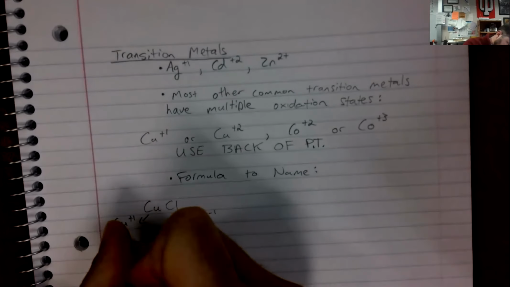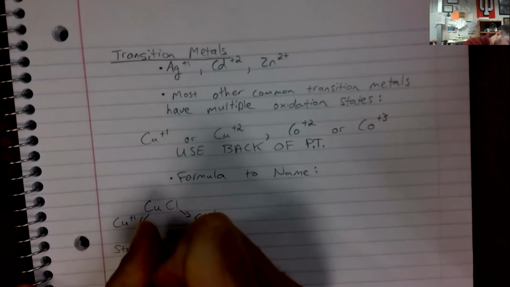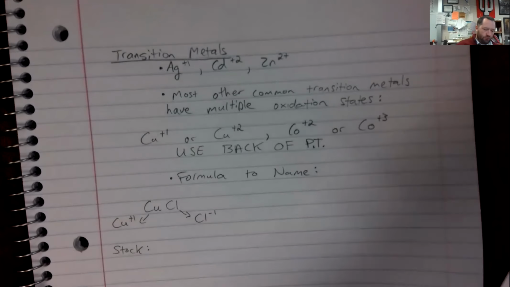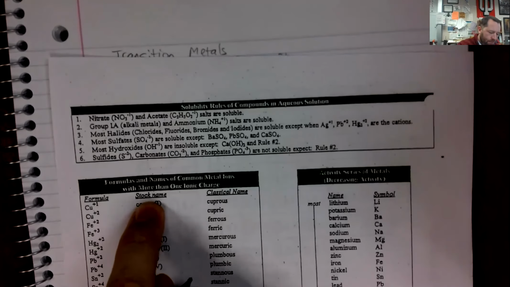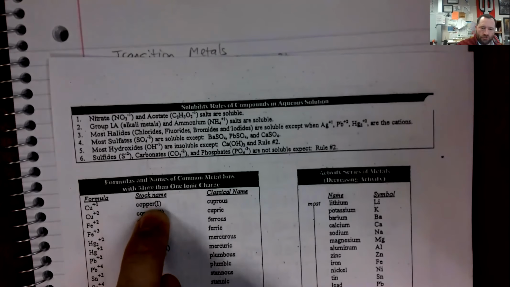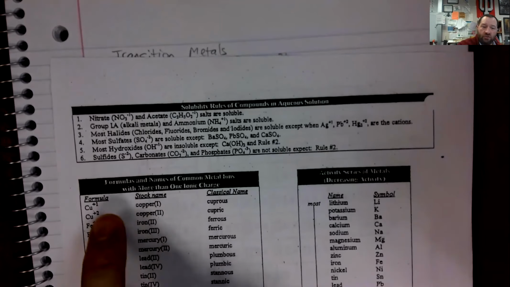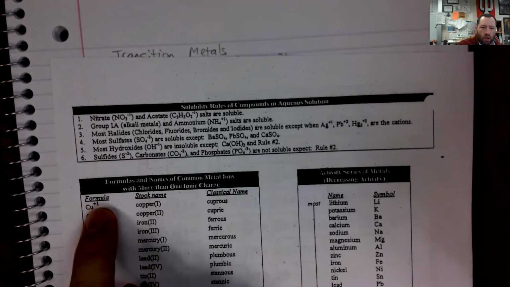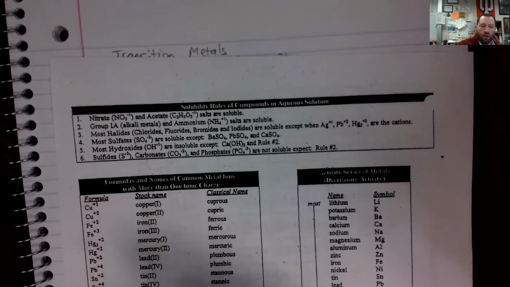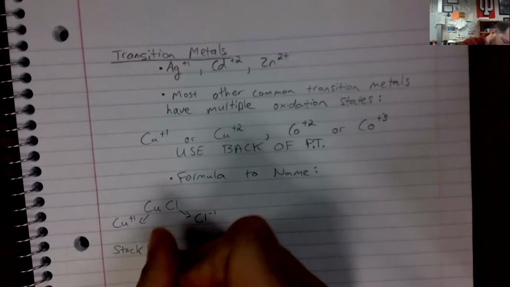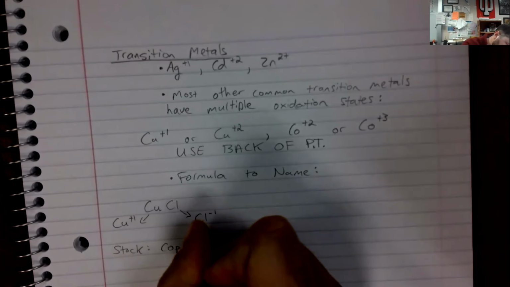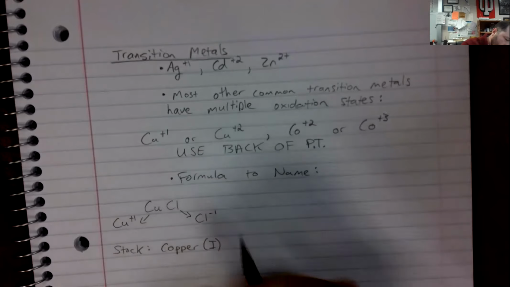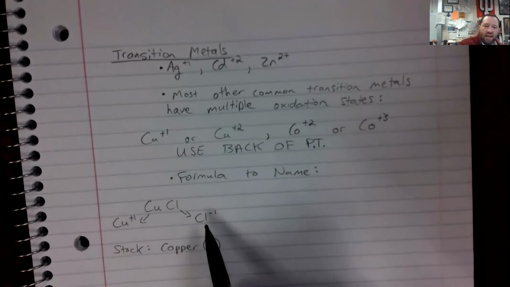So, stock name. You see our first name, the stock name, we use Roman numerals. And that Roman numeral tells us the charge. We're working with copper +1, we say copper 1. The anion doesn't really change.